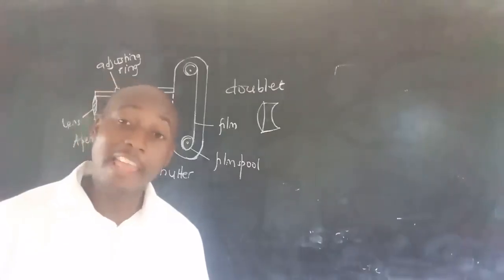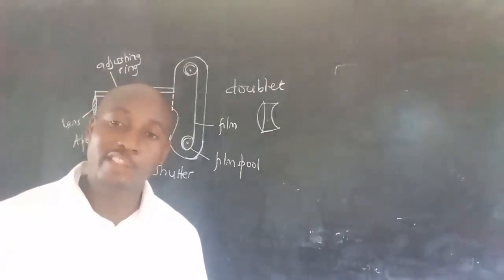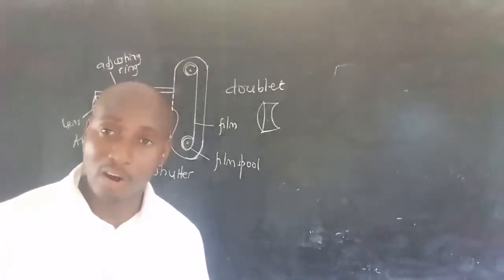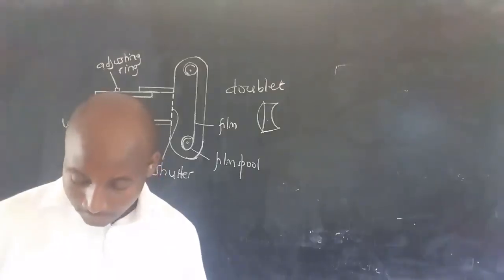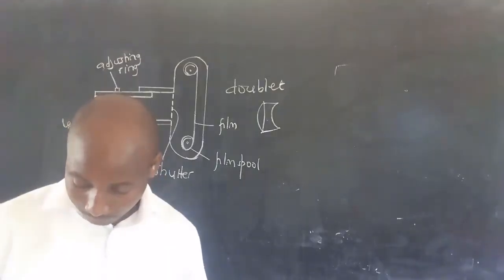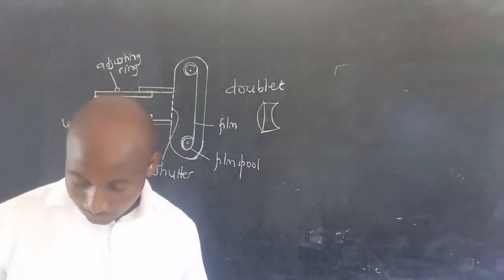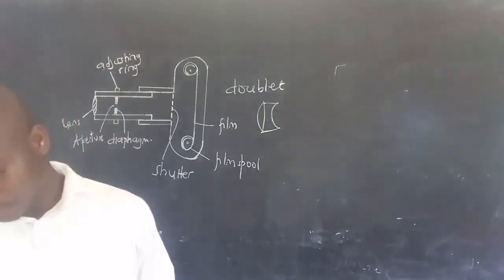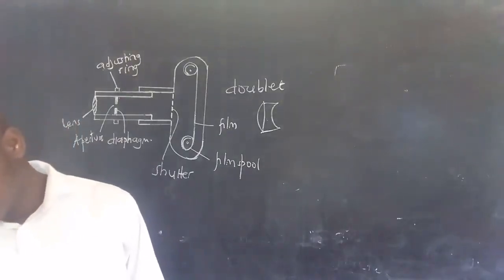This is due to the eyeball being too long. Correction: it is corrected by using a suitable diverging lens called a diverging meniscus.